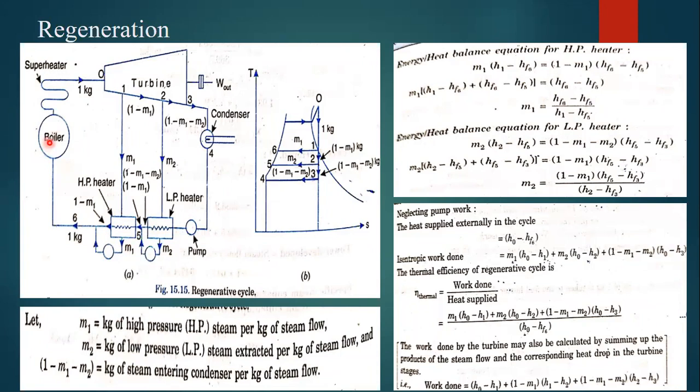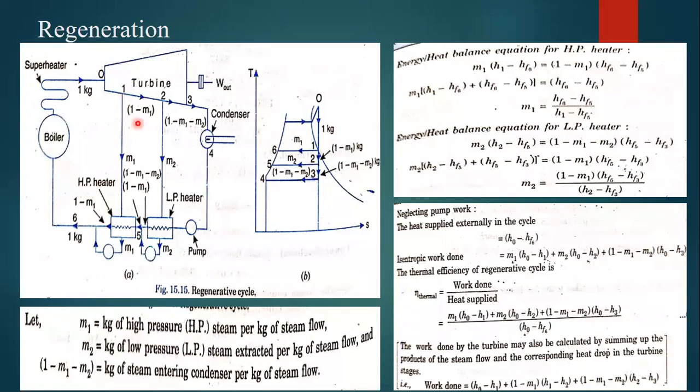So the criterion to improve the efficiency is that we need to increase the temperature at which heat is supplied, right? In the boiler we supply heat, so before the water gets into the boiler, we increase its temperature with the help of these feed heaters. And how do we give this heat to the feed heater?